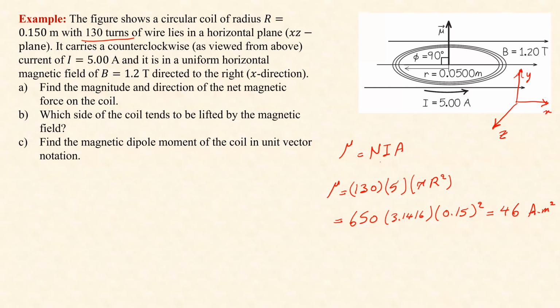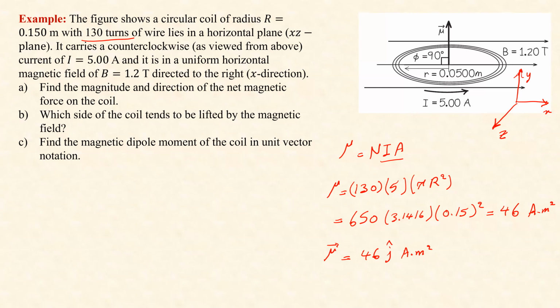Amp meter squared, right? Because N doesn't have a unit. I has units of amps and area is meter squared. All right. So this is mu. And if you want to write it in unit vector notation, mu vector is 46 J hat in amps meter squared. So this is mu in vector form.